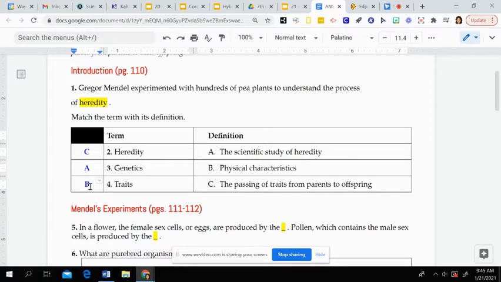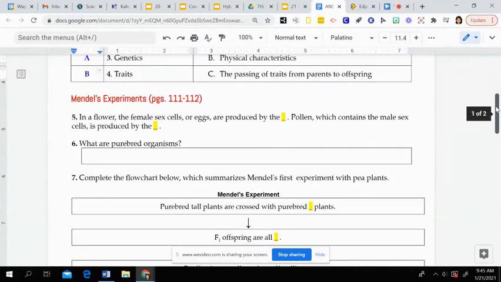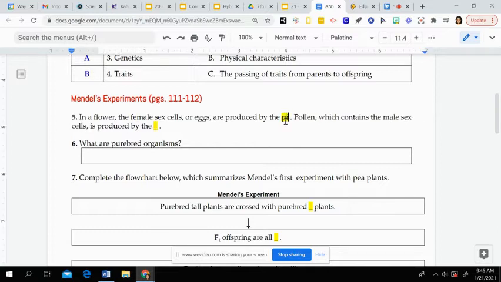Then moving on, in a flower, the female sex cells or eggs are produced by the pistil, and then pollen, which contains the male sex cells, are produced in the stamen.